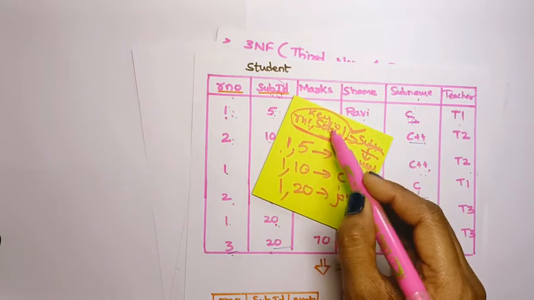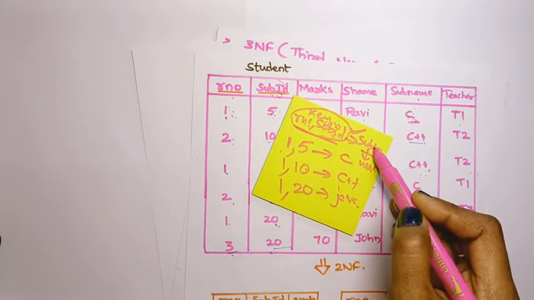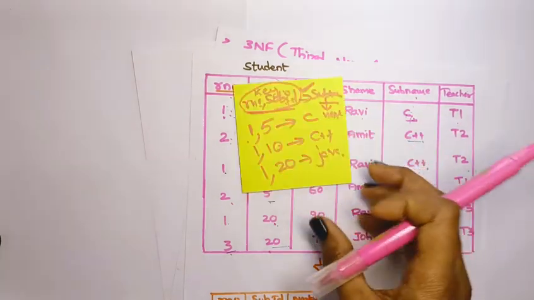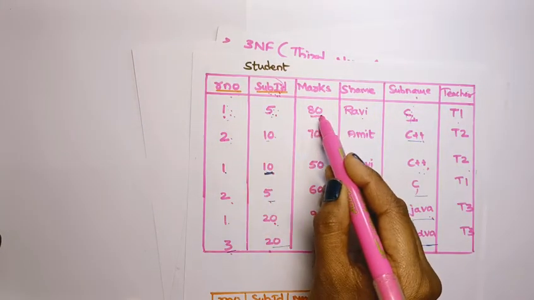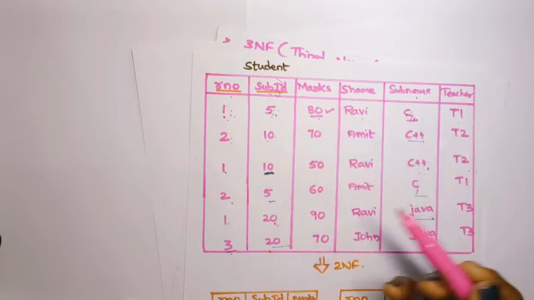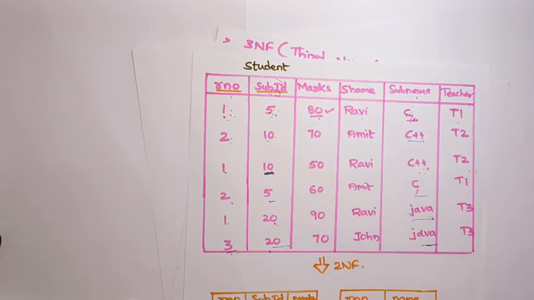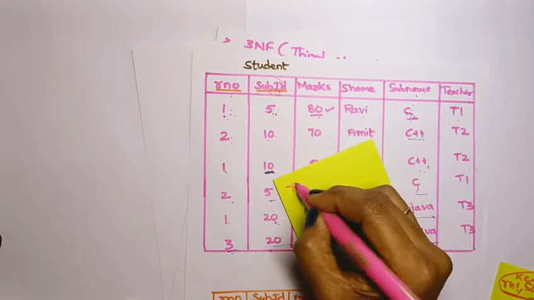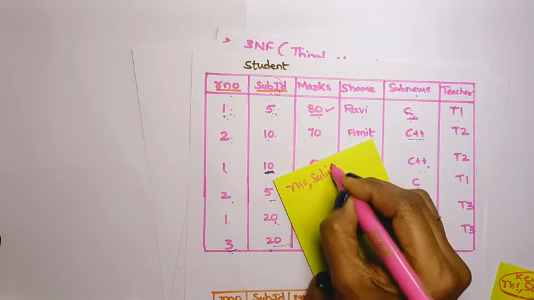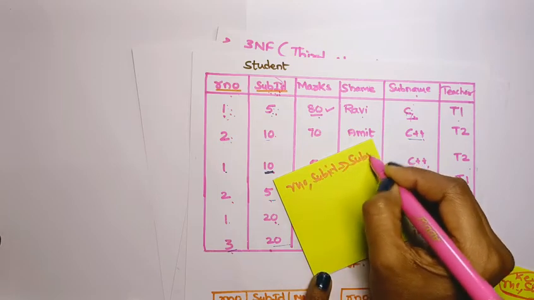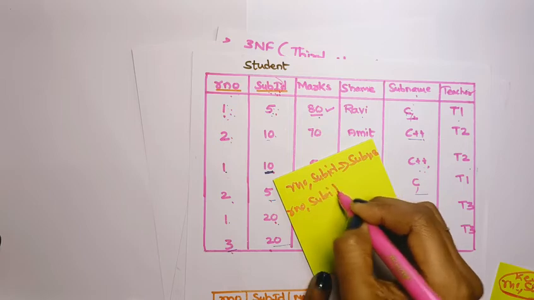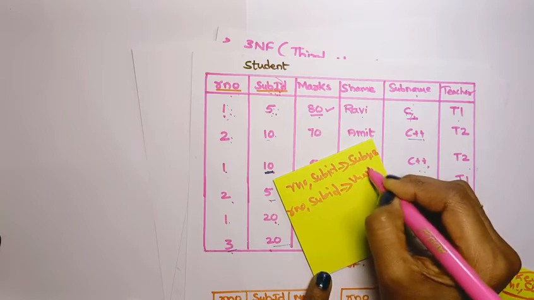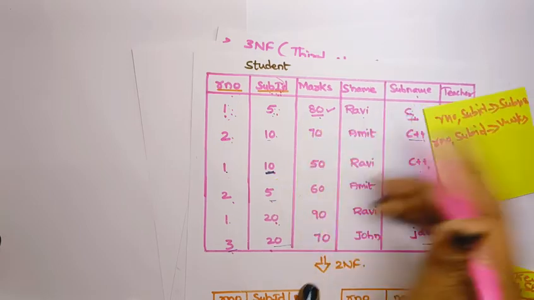So here roll number and subject ID both are key attributes, and along with the roll number and subject ID, you can also identify the marks of your student.